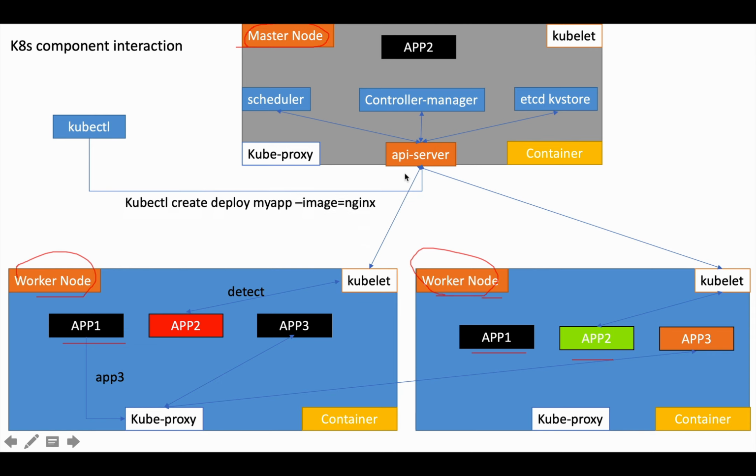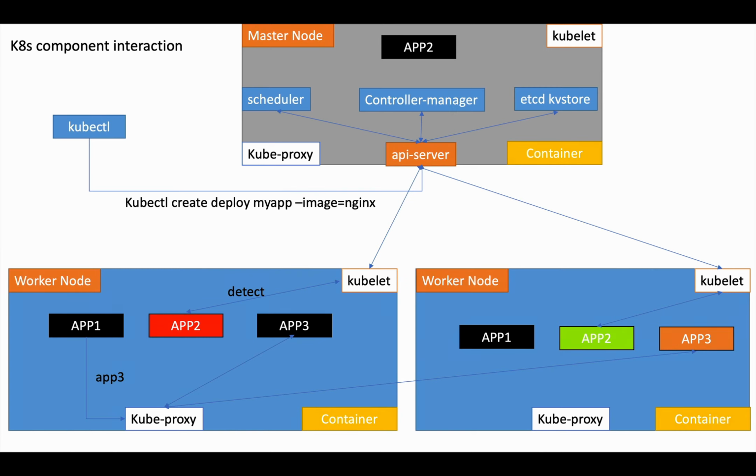For example, if we want Kubernetes to create an Nginx image, we can just use the kubectl command and pass it to the secretary, the API server, and the API server tells the controller manager. This is the whole process of the Kubernetes component interaction in this animation. So that's all. Thank you.